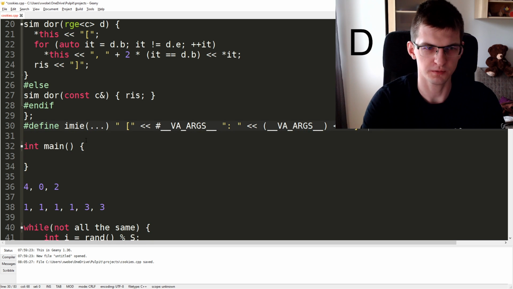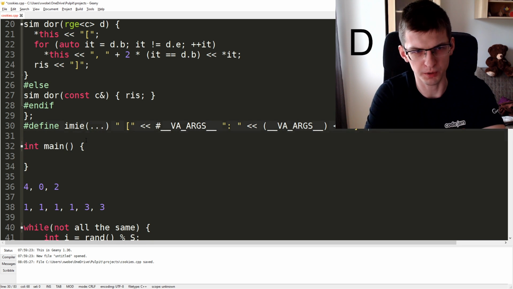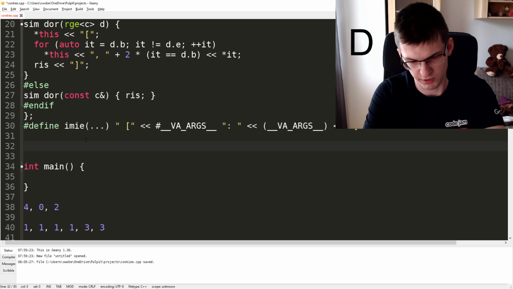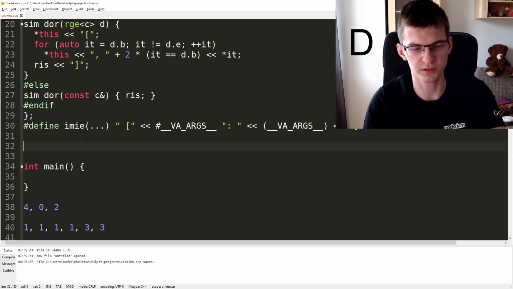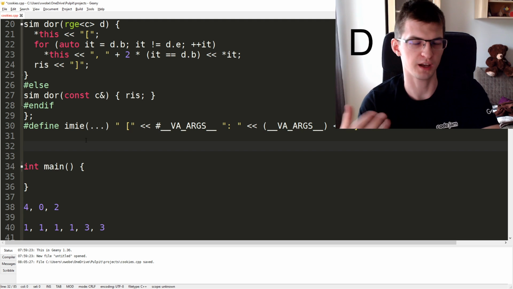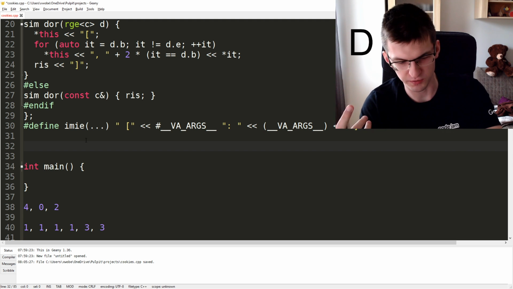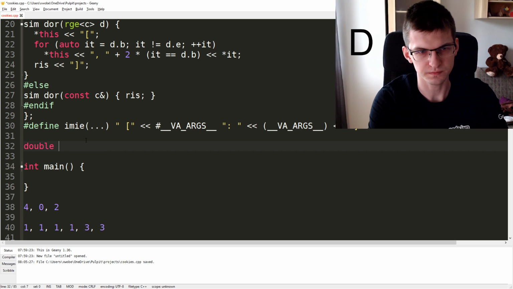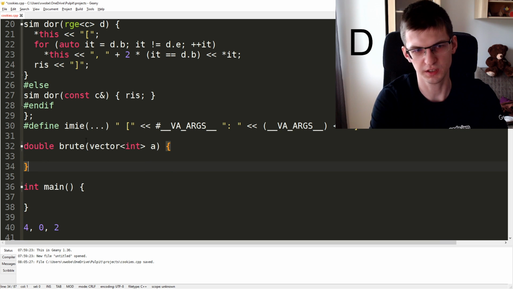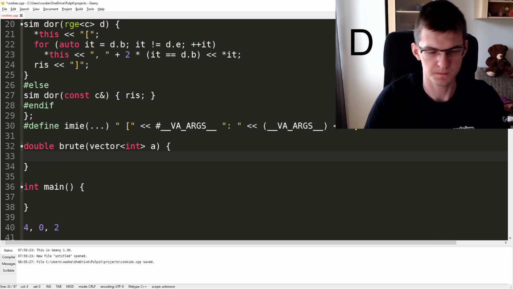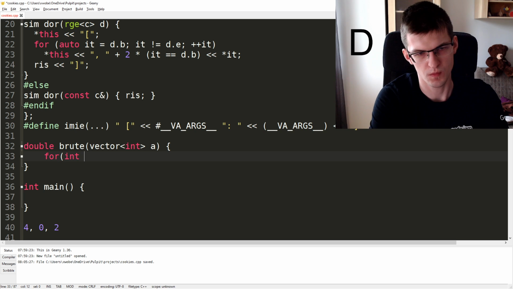So what if now I just work with doubles for a moment? Given a sequence, I would like to write a brute force, that first something that will simulate the process a million times and will give me the average time. So I would have some kind of brute force. This will be just an input. Total sum of answers is 0.